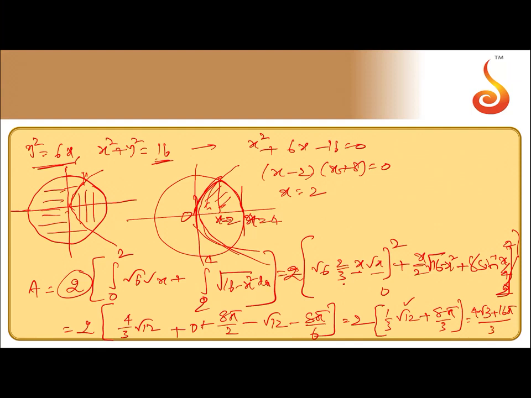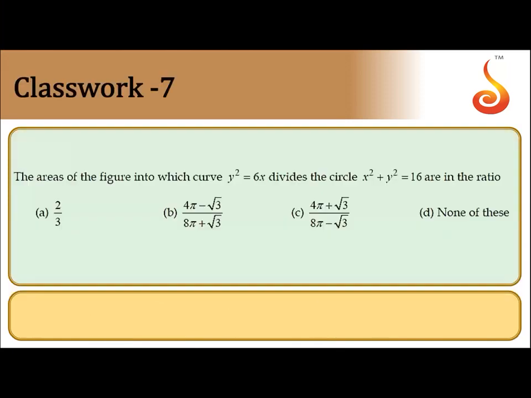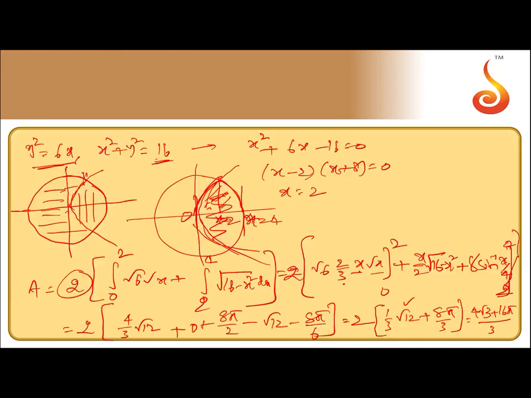This is the value. So the area of this particular region is given by 4 root 3 plus 16 pi by 3. But the remaining portion is nothing but area of the circle, that is pi r square, which means 16 pi minus this value. I will rewrite here because I don't have place.